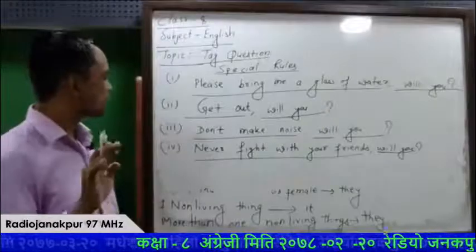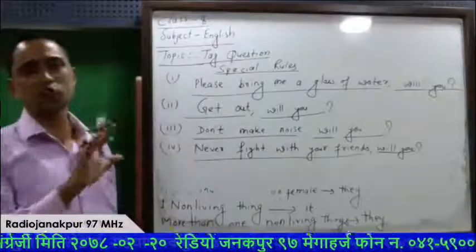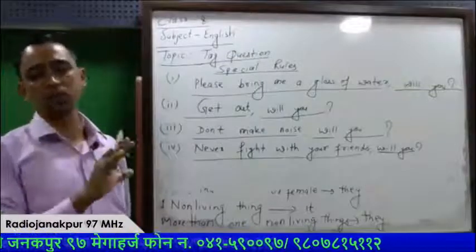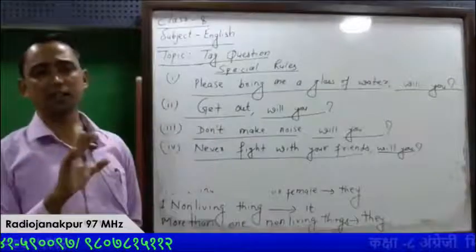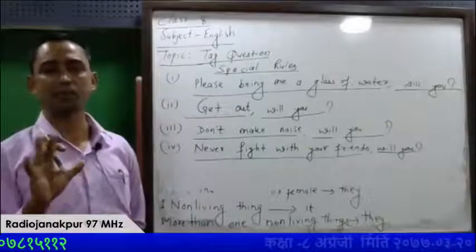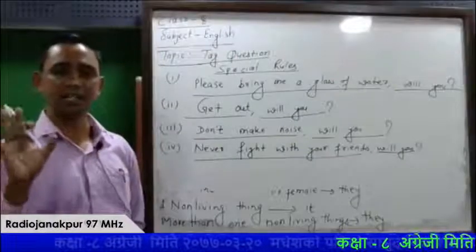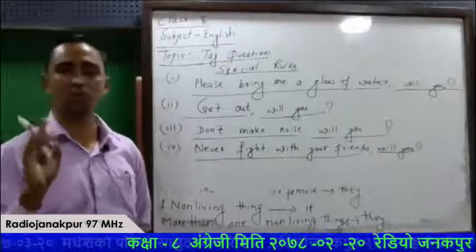Now, there are 24 auxiliary verbs I have taught you. If there are auxiliary verbs in the statements, the same verbs are repeated in the tags, and if there is no auxiliary verb, there must be V1 or V2 or V5.